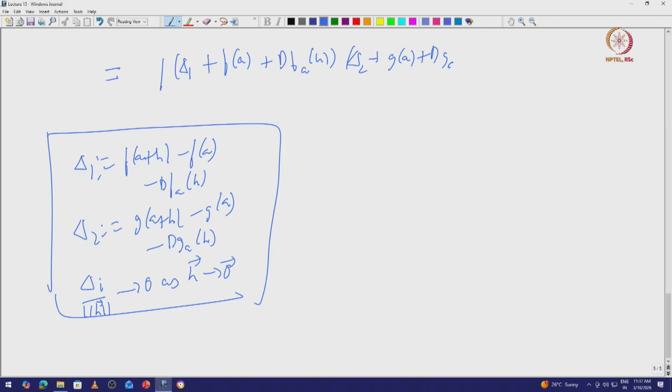Just keeping track of the error in the linear approximation carefully, that's all. Okay, then once you keep track of it, then we can simply simplify the expression thus obtained.